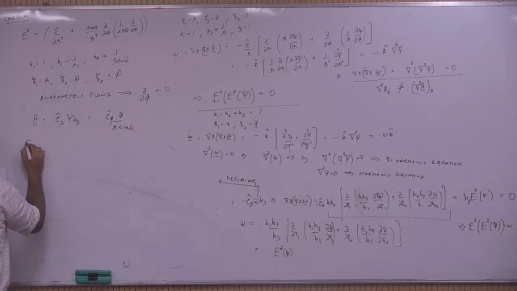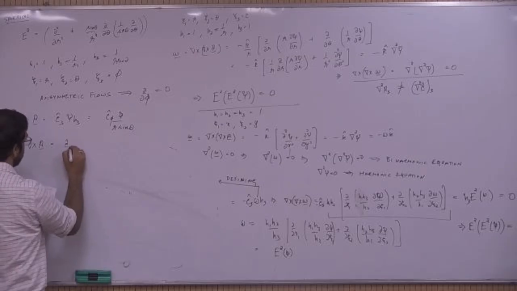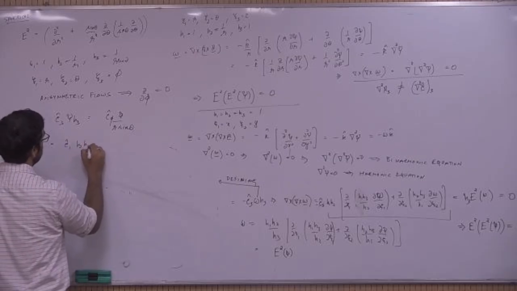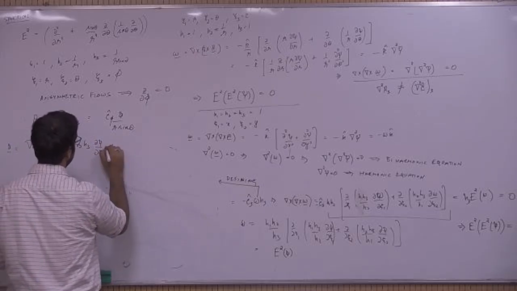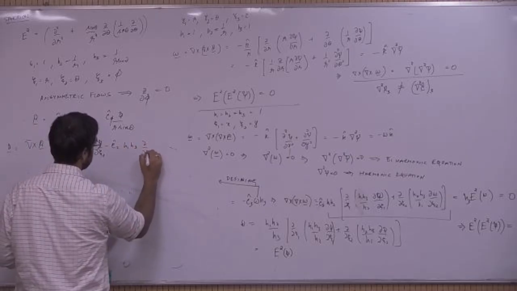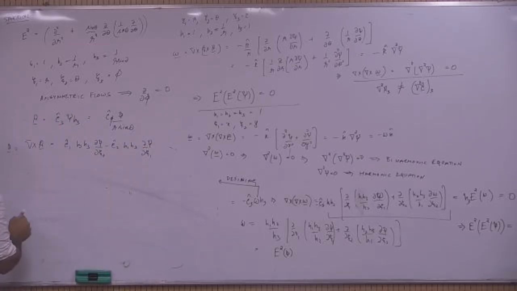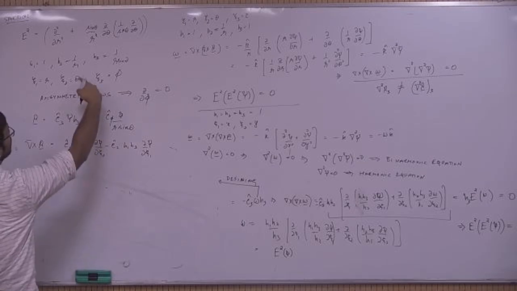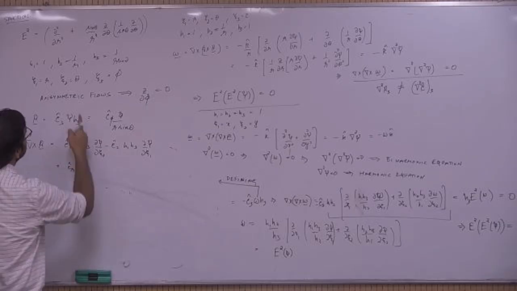And then del cross A, which is how we define the velocity, is E hat 1 h2 h3 del psi over del c2 minus E hat 2 h1 h3 del psi over del c1.